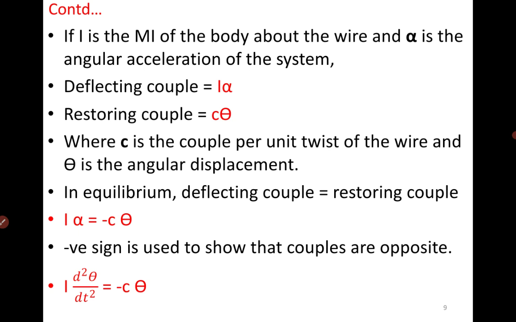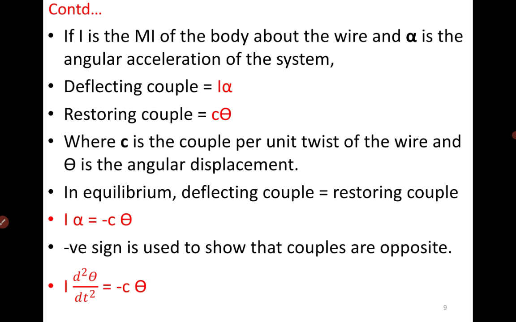In equilibrium, the deflecting couple is equal to the restoring couple. Therefore, I alpha is equal to minus C theta. The negative sign shows that these two couples are in opposite directions.